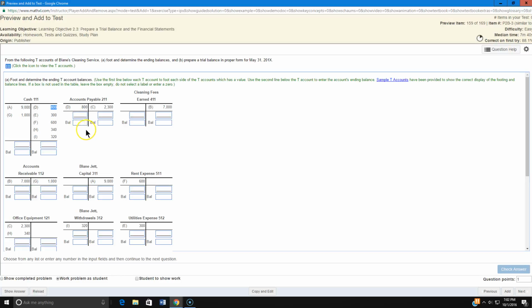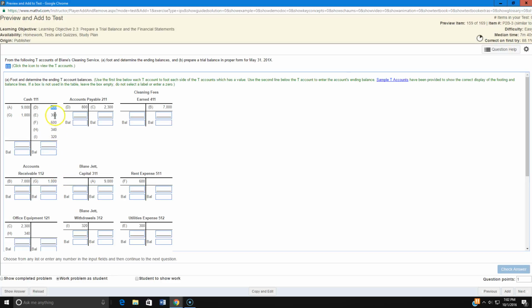There has to be two. What happened? I paid off $800 of the 23. So how do we do that? By debiting to reduce the accounts payable and crediting to reduce the asset. Debit to reduce liability, credit to reduce asset.